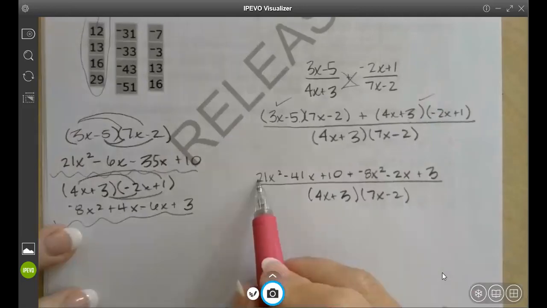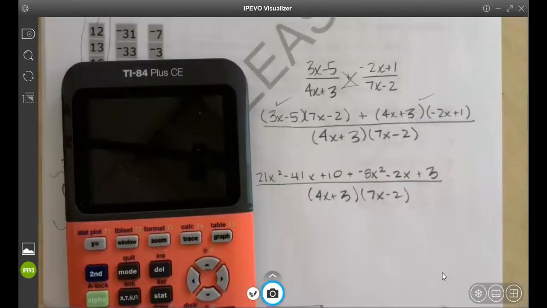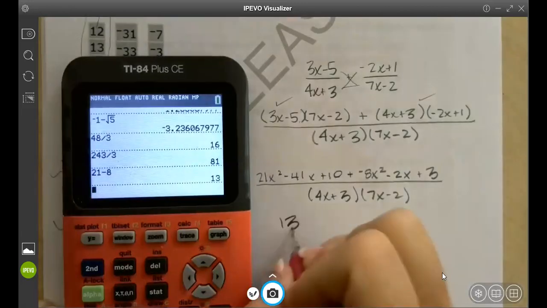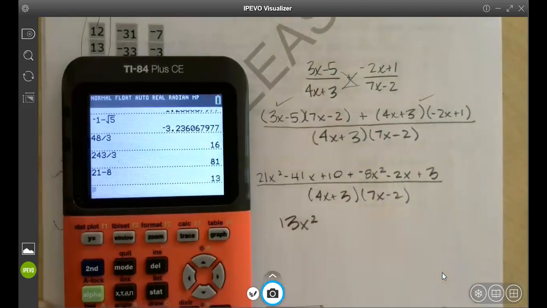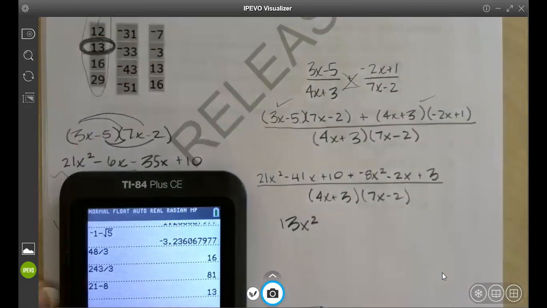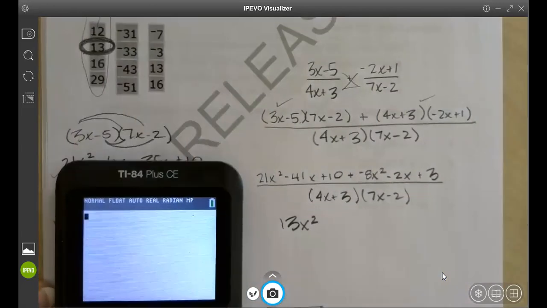So 21x squared minus 8x squared is 13x squared. If you guys look, there's your 13. Then you're going to do your x's.